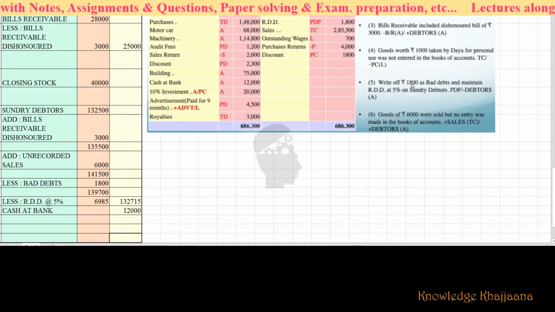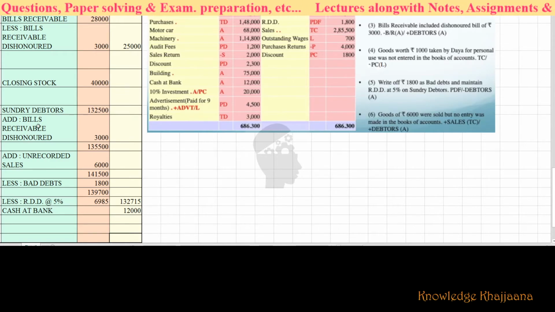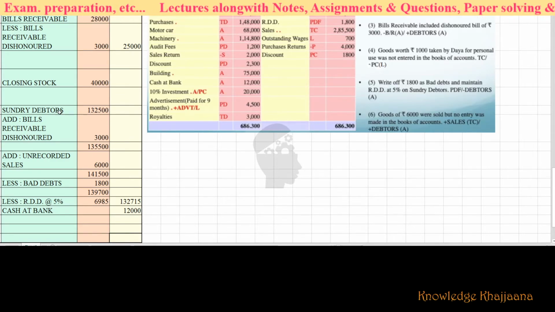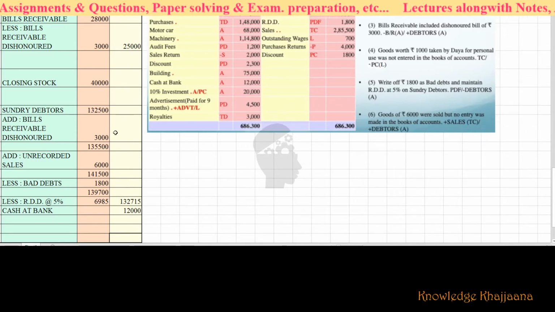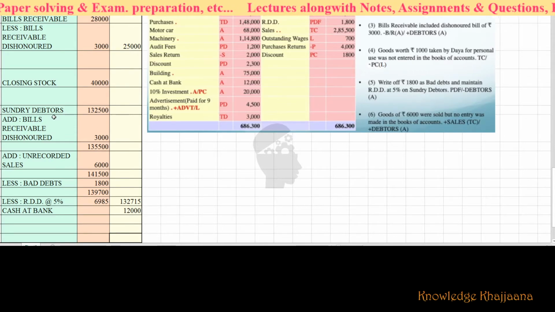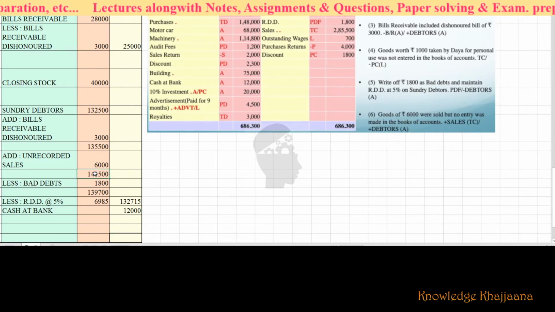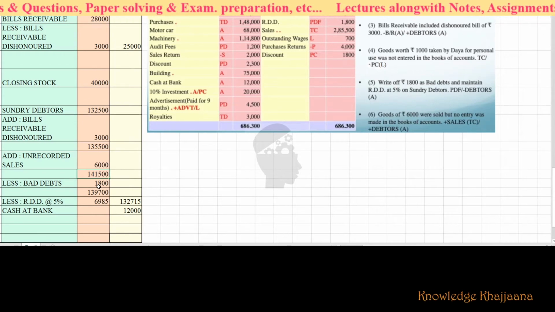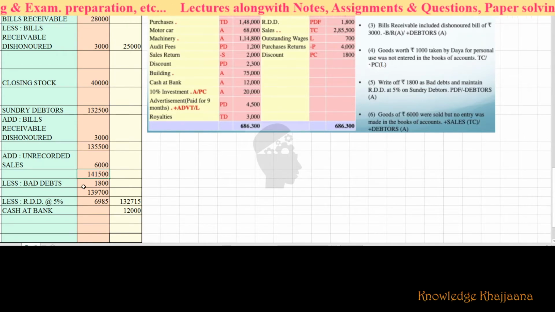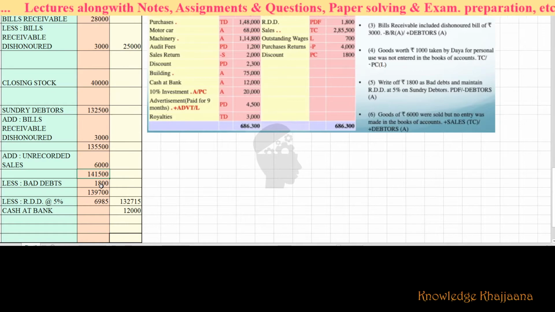Then write off rupees 1,000 as bad debts. So after adding bills receivable dishonored and unrecorded sales to the sundry debtors, from whatever amount we get, we have to deduct the new bad debts, that is 1,800.